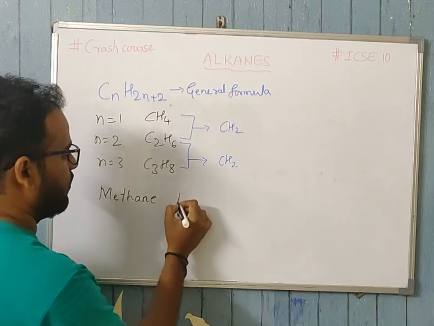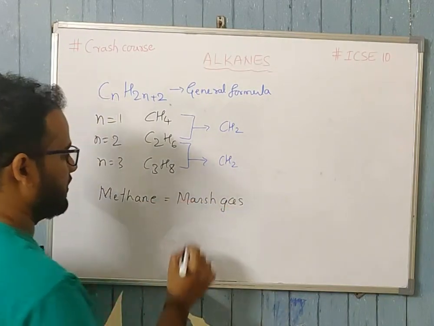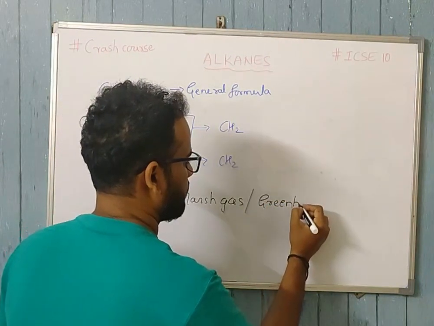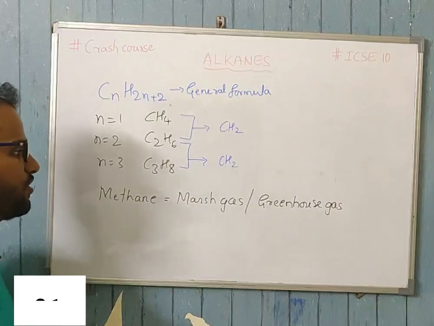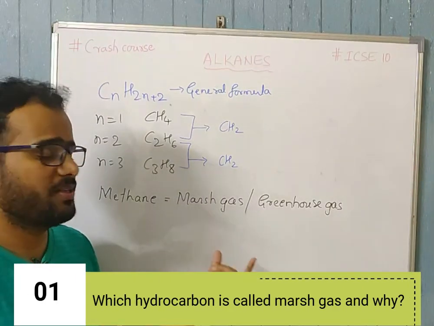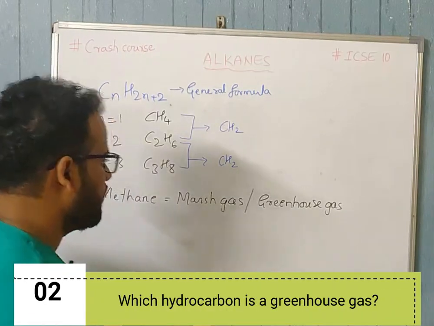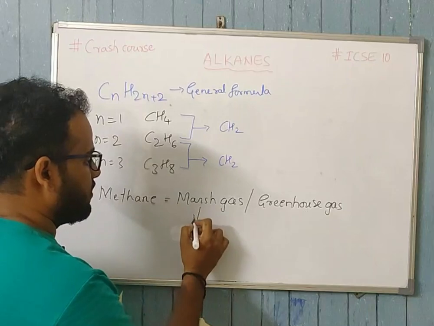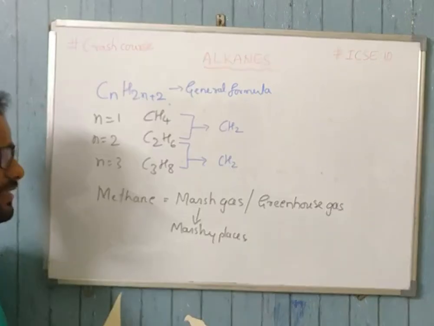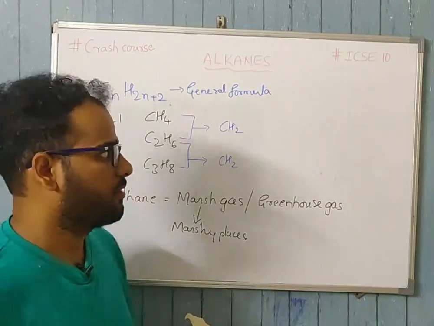Methane is commonly called marsh gas, and it is also a greenhouse gas. Question: which hydrocarbon is called marsh gas, or which is a greenhouse gas? Marsh gas, because it is obtained from marshy places. Ethane has no common name. IUPAC nomenclature I will take in another session.